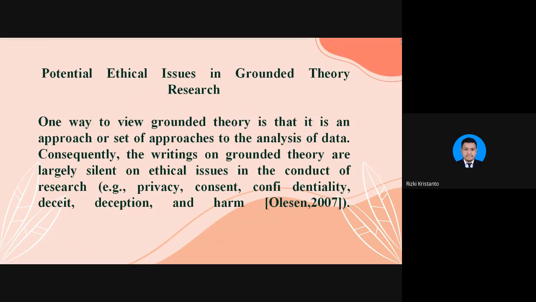Consequently, the writings on grounded theory are largely silent on ethical issues in the conduct of research, for example, privacy, consent, confidentiality, deceit, deception, and harm, from Olson in 2007.